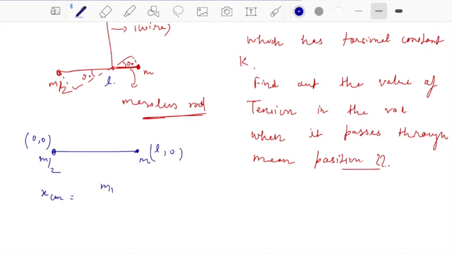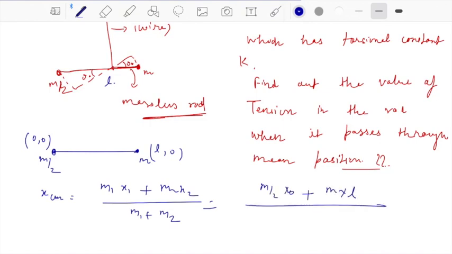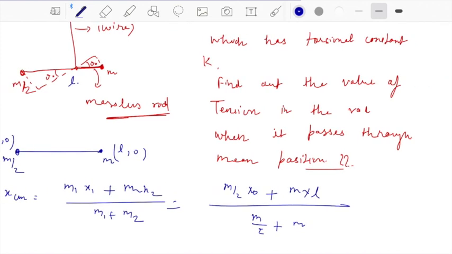So x cm is m1 x1 plus m2 x2 upon m1 plus m2. We know that this is m/2 into 0 plus m into L, upon the total mass m/2 plus m, correct? So this is mL upon 3m/2. This cancels out, giving 2L by 3.